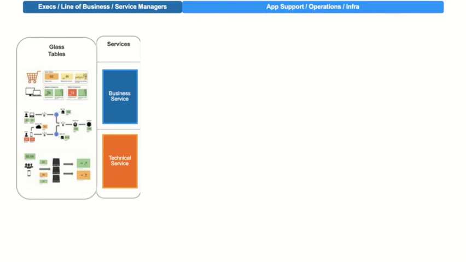Or order services can be dependent on database services. Like searching for the order is mainly dependent on a database service.